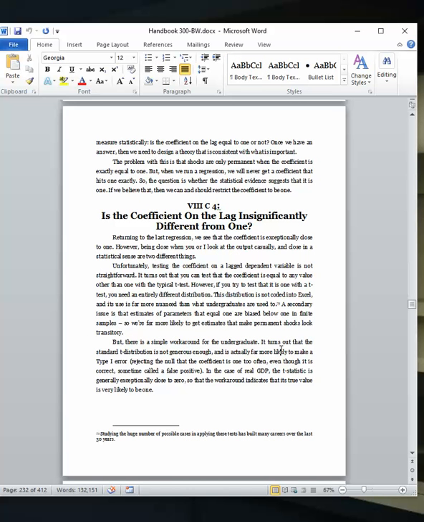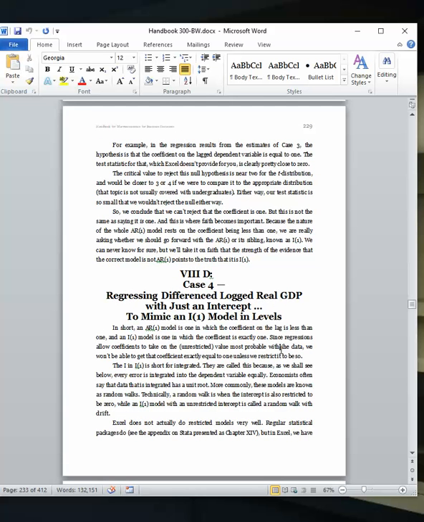We really don't ever know whether the coefficient is insignificantly different from 1. We get estimates that it's insignificantly different from 1, but we never know that in truth. So we're making kind of a leap of faith here that it is 1. In the case where it is 1, we do have a stochastic trend in the model.